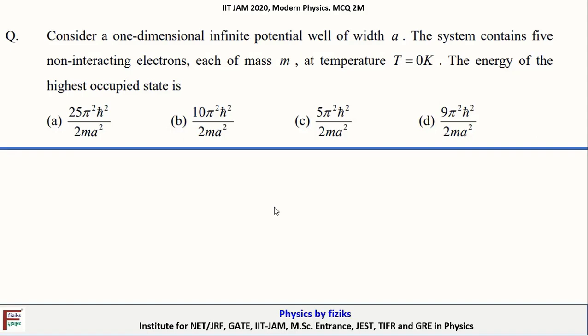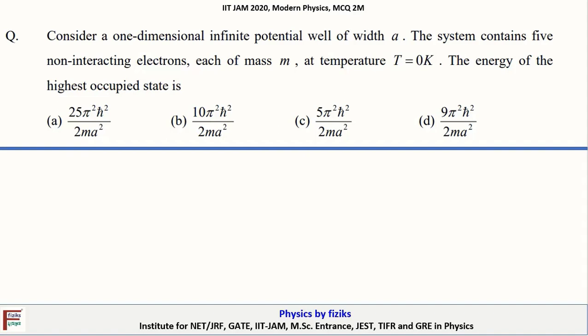Consider a one-dimensional infinite potential well of width a. The system contains 5 non-interacting electrons, each of mass m, at temperature T0. The energy of the highest occupied state is.